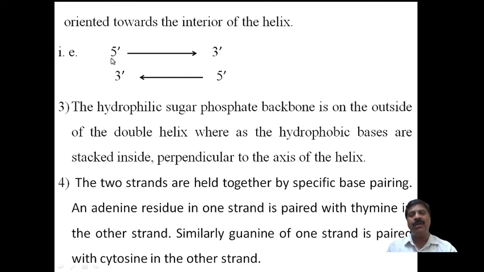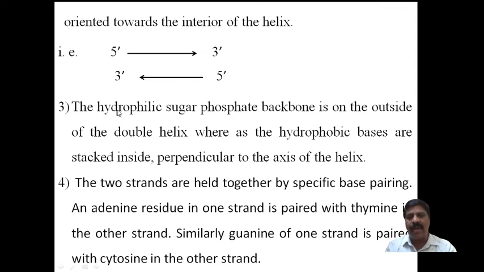Therefore the first strand goes from 5 prime to 3 prime, top to bottom. The other goes from bottom to top, that is 3 prime to 5 prime, exactly the reverse.